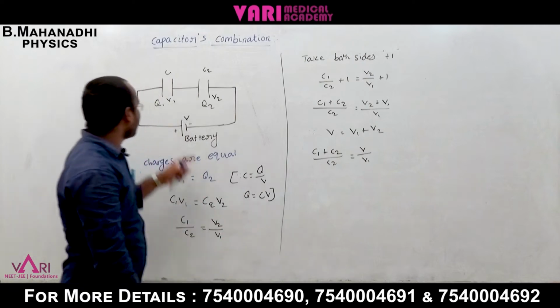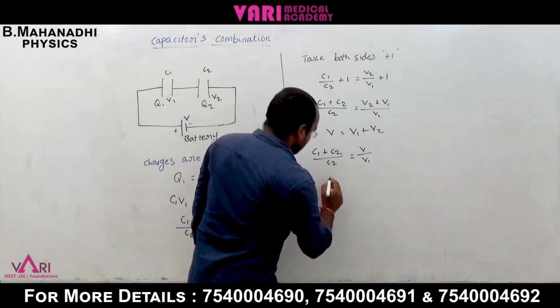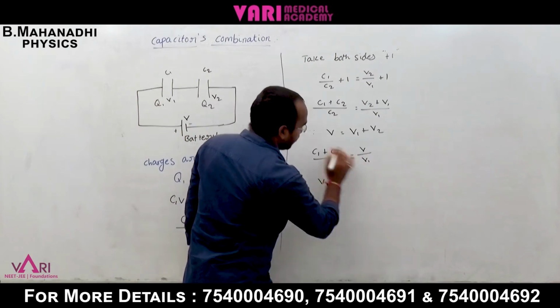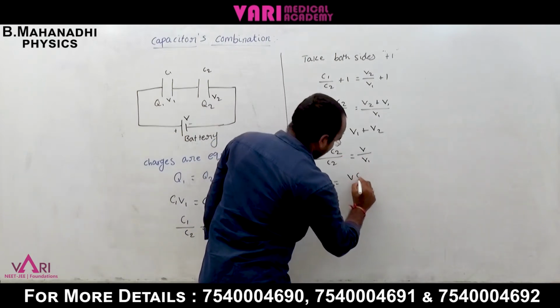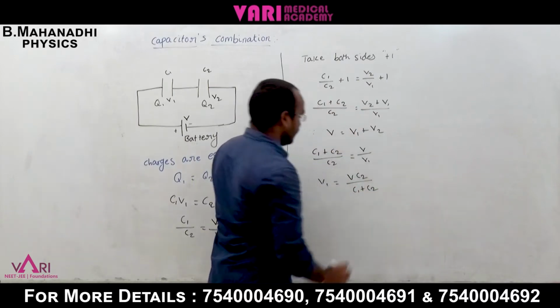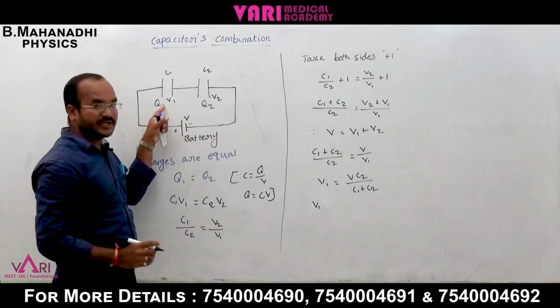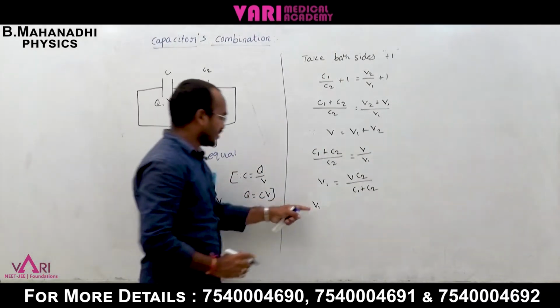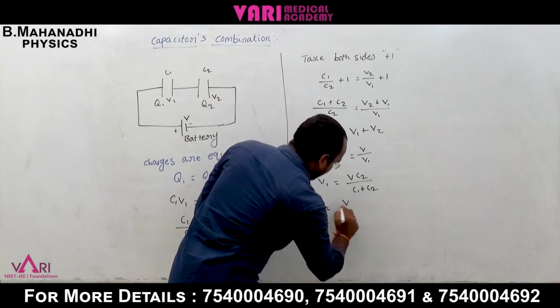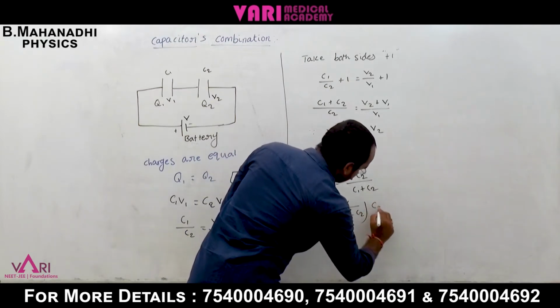I need V1, so cross multiplying, V1 is equal to V C2 by C1 plus C2. So the first capacitor's potential V1 is V by C1 plus C2 into C2.